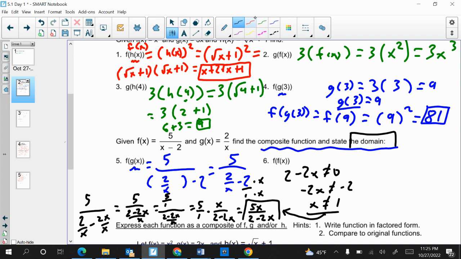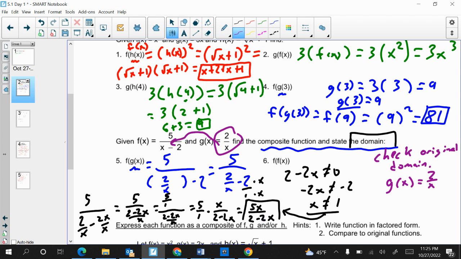There's also something you have to check. You also have to check the original domain. What I mean is you have to check g of x. The reason is that a number gets substituted into this equation, and then I take that number and substitute it into here to get that out.